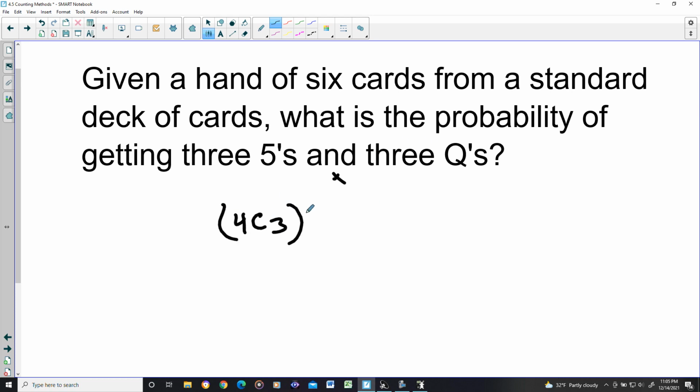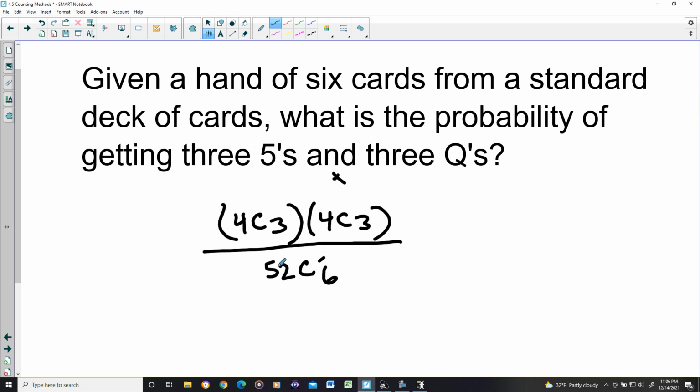And 3 queens, also 4 choose 3, because any 3 of the 4 queens. Out of, now how many choices do I have altogether? I'm choosing 6 cards from the standard deck of 52. So it's out of 52 choose 6.